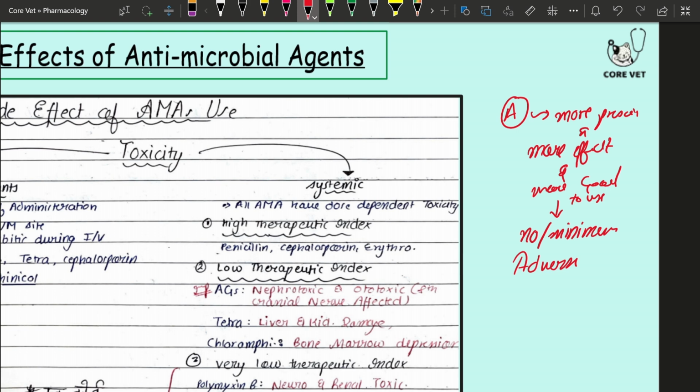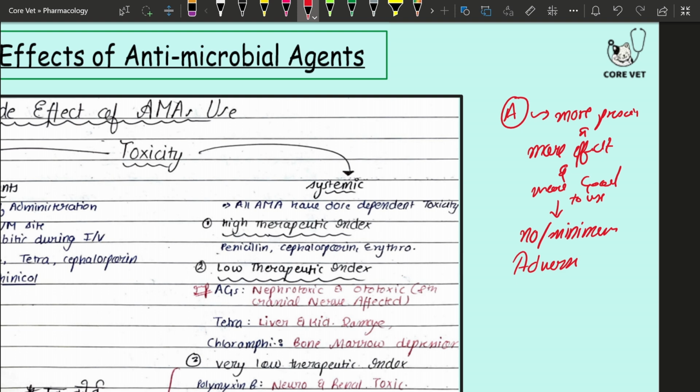Every time we give a drug to a patient, we always look at certain factors, such as the condition of the patient, because in certain conditions a certain antibiotic produces toxicity.